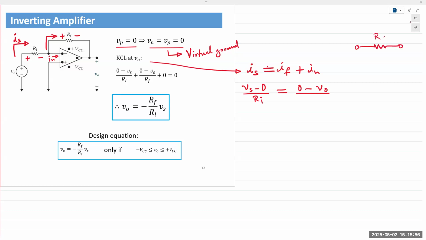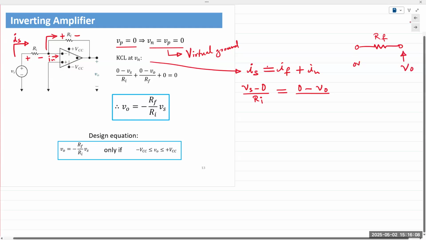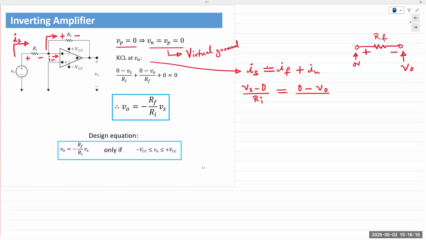The voltage here is 0 volts, and the voltage here is VO. Because my assumed polarity is plus on the left, it must be 0 minus VO divided by RF.